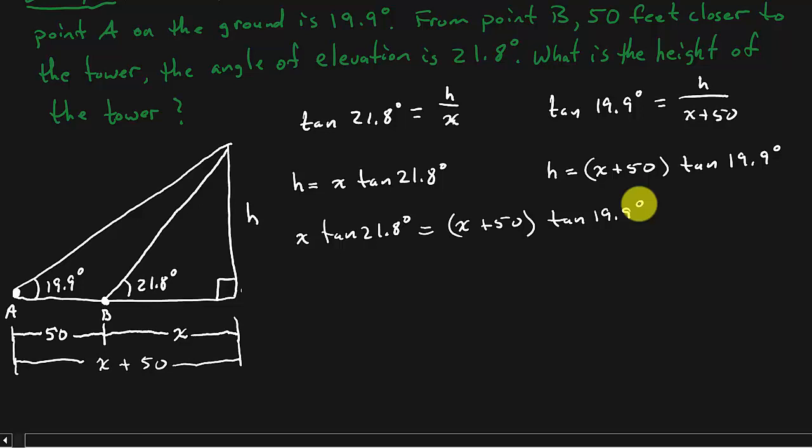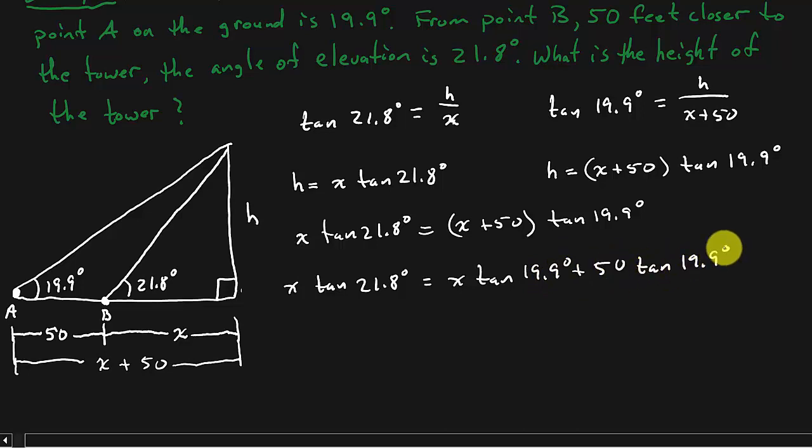And now I just solve for X. So I get X times tangent 21.8 is equal to X times tangent of 19.9 plus 50 times tangent 19.9. And so I'm going to move this term over here. So X tangent 21.8 degrees minus X tangent 19.9 degrees is equal to 50 times tangent 19.9 degrees.